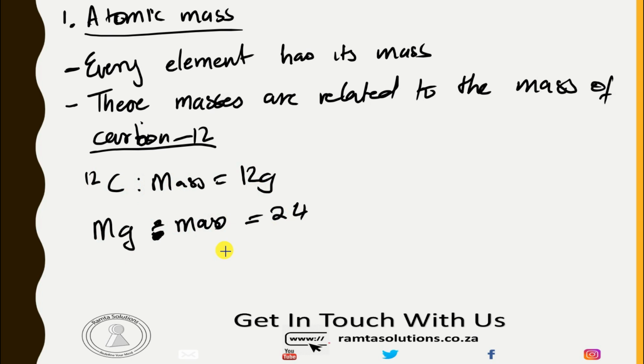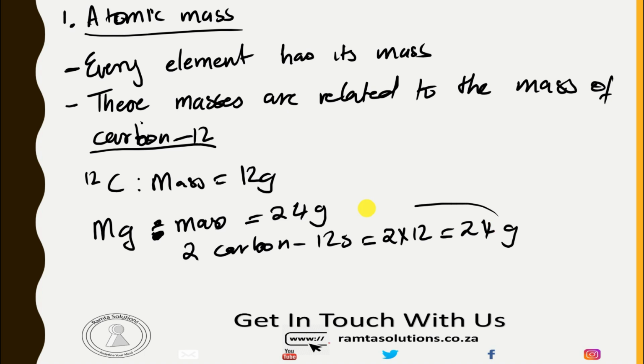It tells you that it is 24 grams. This means we have two carbon 12s. When you have two carbon 12s, it means we have 2 times 12, which is 24 grams.